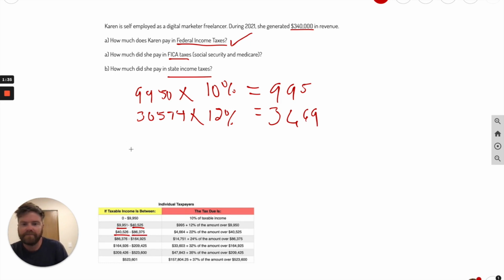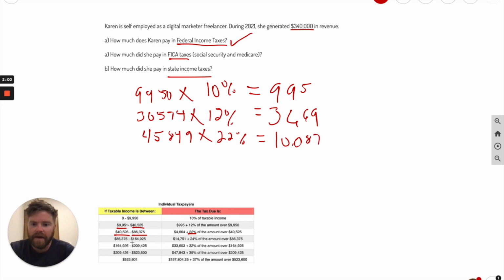And we get 45,849. Multiply that times the next bracket, which is 22%. There we go. We get 10,087.